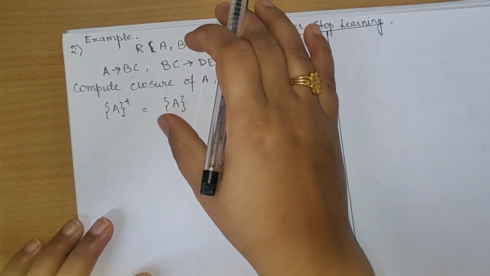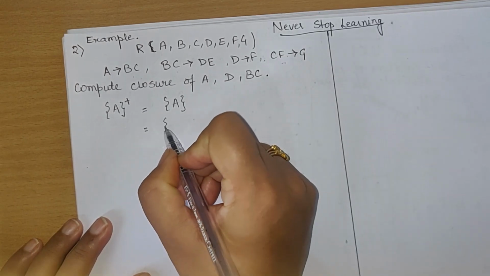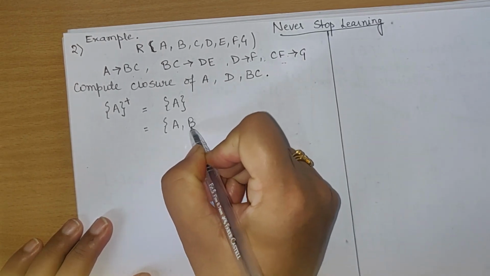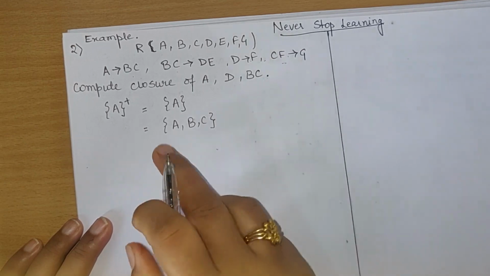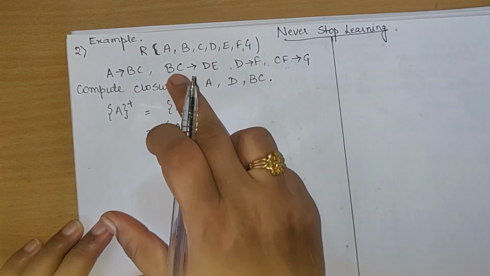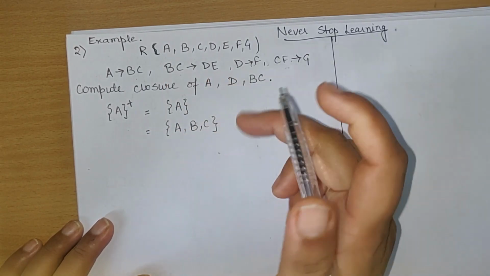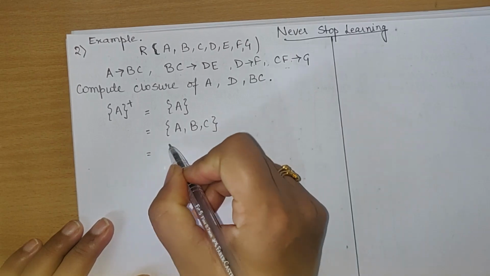So now if you can see here, A determines BC. That means I can write A, B, C. So A will determine BC. Now another functional dependency I have, BC determines DE. So using BC I can get DE also. So how I can write?